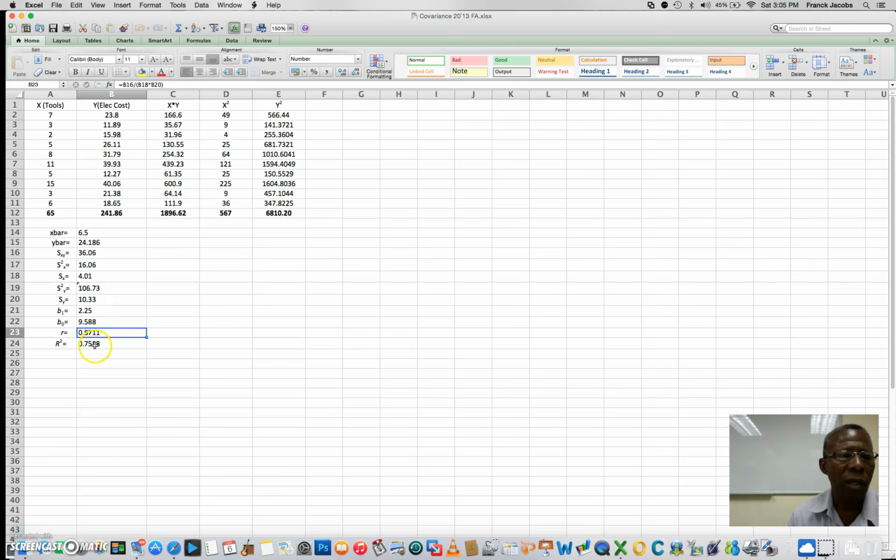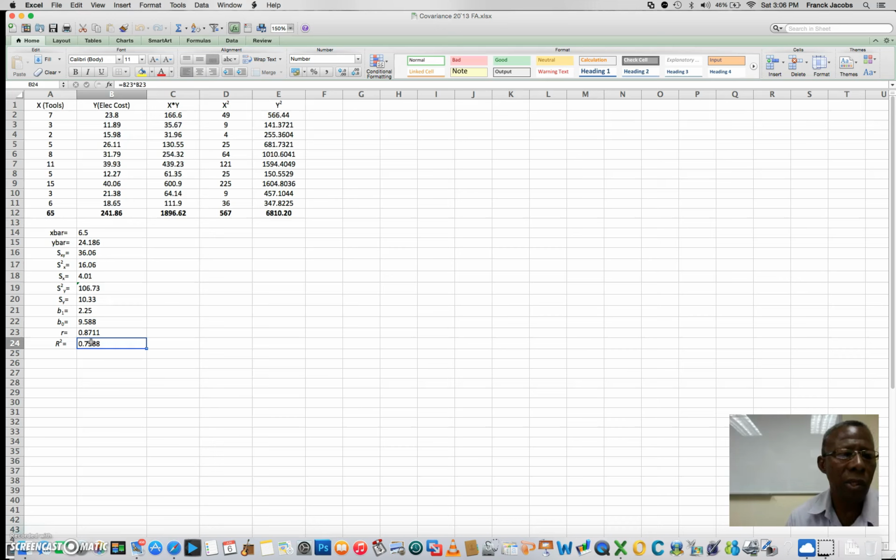R squared is just obtained by squaring the coefficient of correlation, which we just calculated. That is at B23, so we click in this cell, B23 times B23, that is the value multiplied by itself, and that is placed in this cell as shown here. So that is the coefficient of determination.